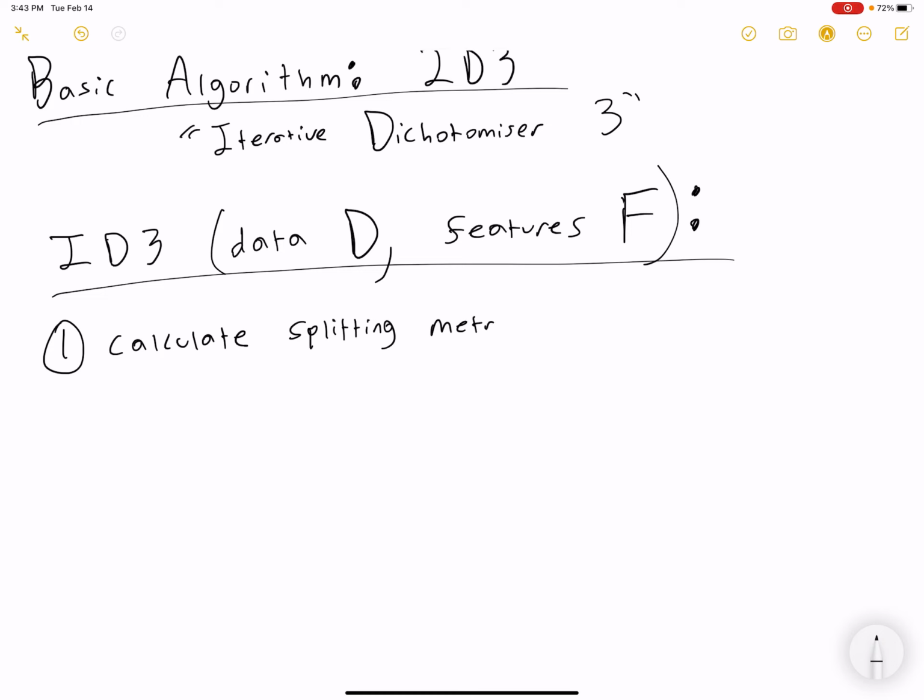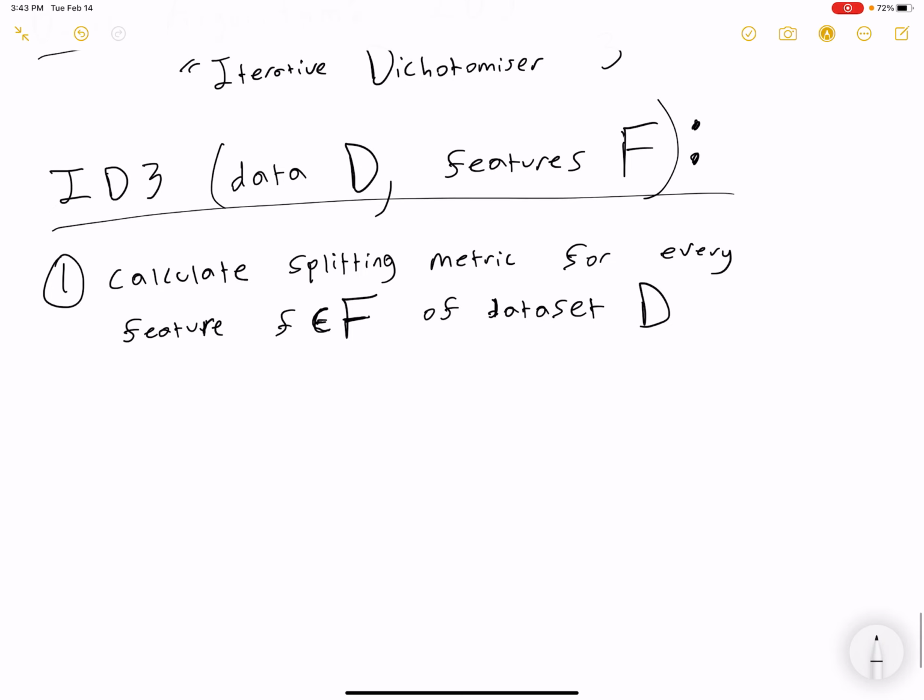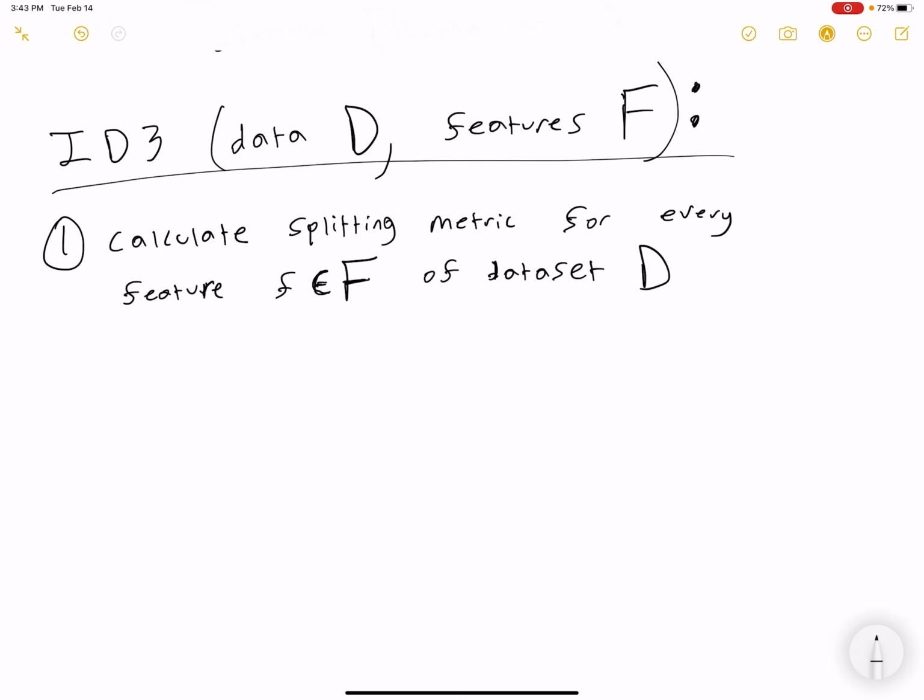We'll talk about possible splitting metrics for every feature F, which is in our set of features of data set D. So we look at each of the features, the inputs to the model, and calculate our splitting metric on each of those.